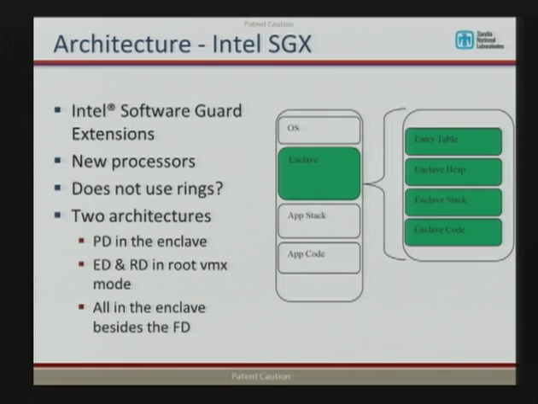And so, going a little bit into the technology, they have this concept called an enclave. So you have your OS, you have your particular application, the stack and code, and your enclave is encrypted in memory at memory speed, or at line speed.